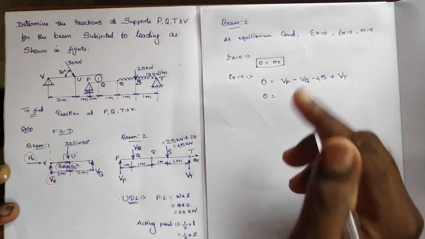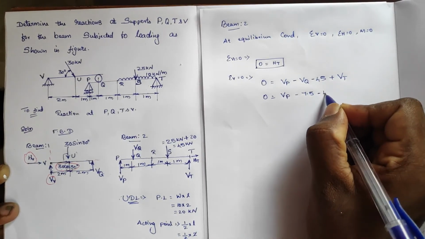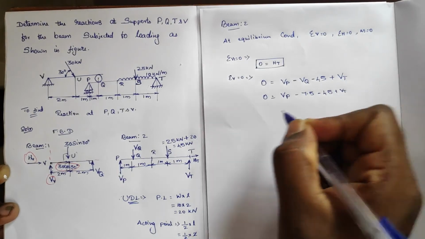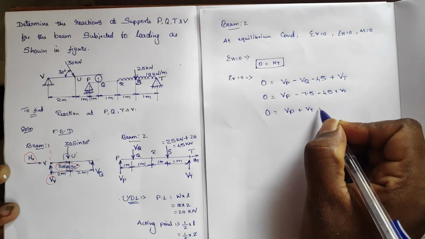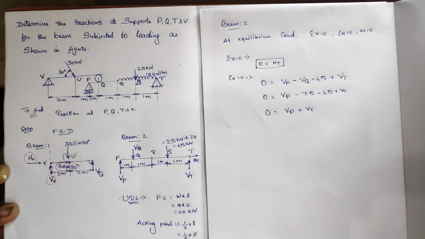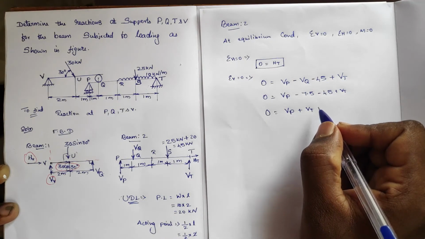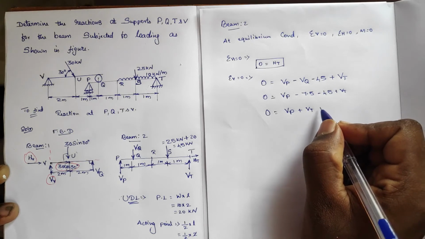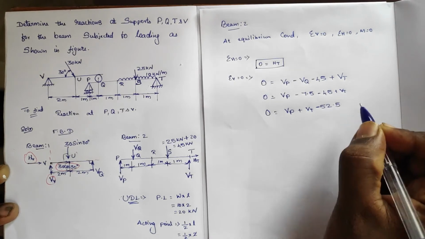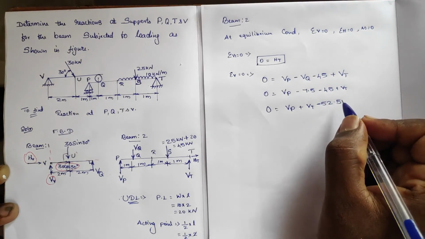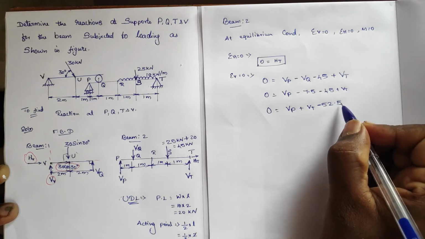So here we can apply VP minus 7.5 kilonewton minus 45 plus VT, so that 0 is equal to VP plus VT minus 52.5. Okay, just add it, you will get minus 52.5.